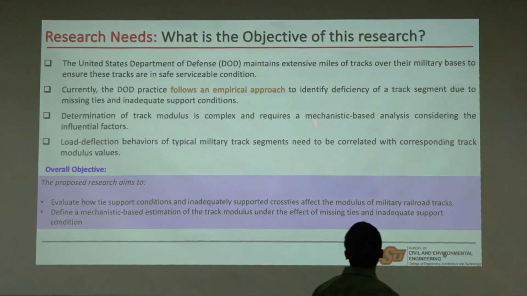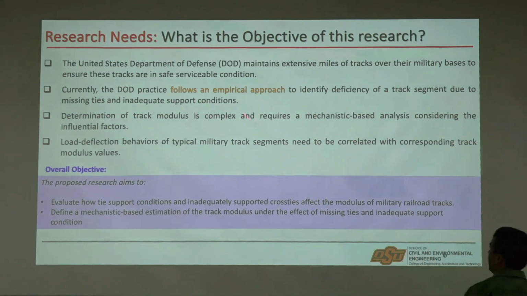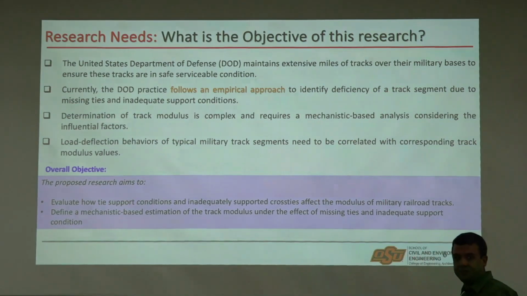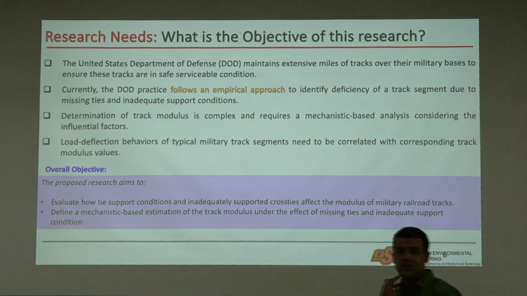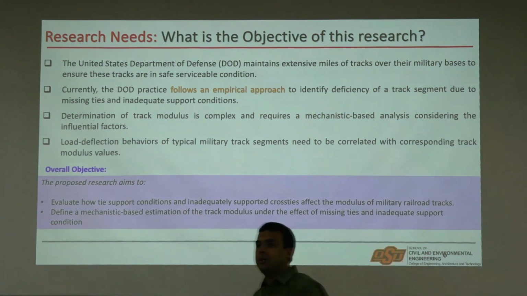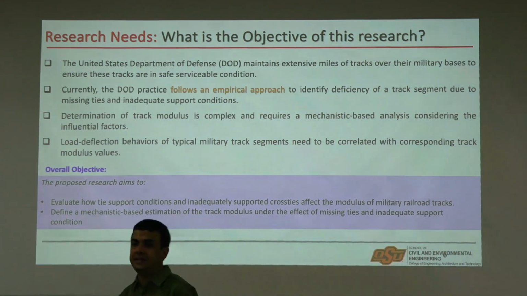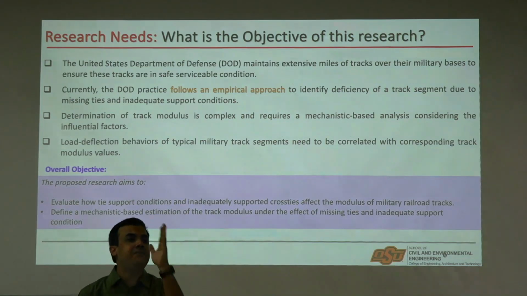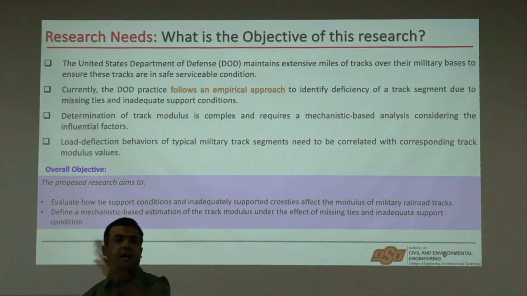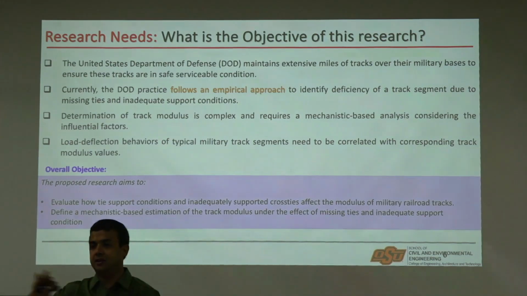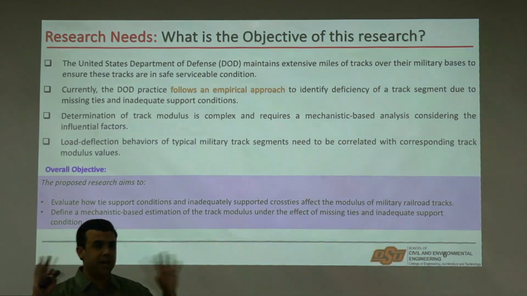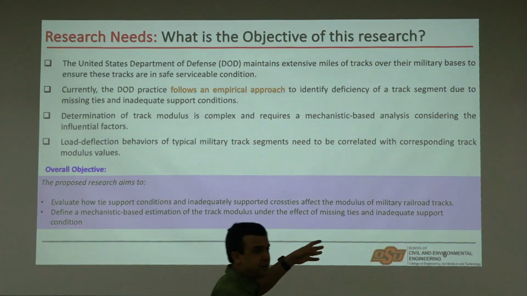In the US, this is a project I currently have with the Department of Defense or the Army Corps of Engineers, because they have certain maintenance standards. They say that if you have 5 ties that are bad consecutively, then that track is bad. That's just empirical, based on previous experience and stuff.